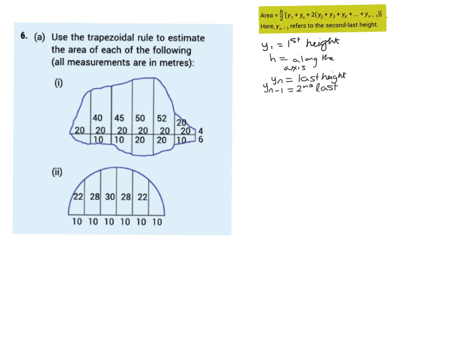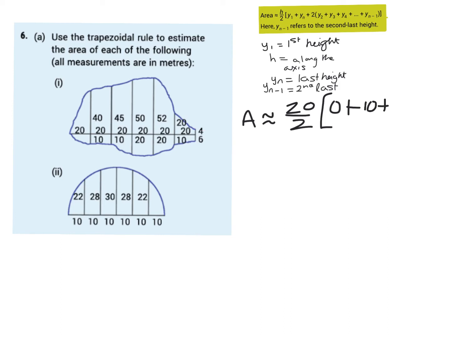Okay, so the area for the first one, using our formula, we get A approximately equals H, which is 20 over 2. And then you have y1, which we can see here if we look at this, there is no height here, so that's going to be 0. And then when you look at our last height, we see 4 plus 6, so that's going to be 10.